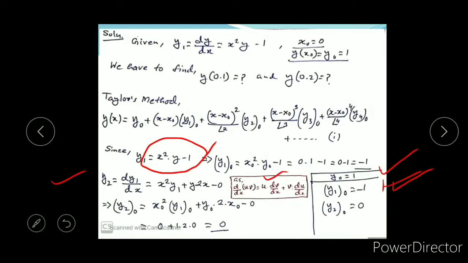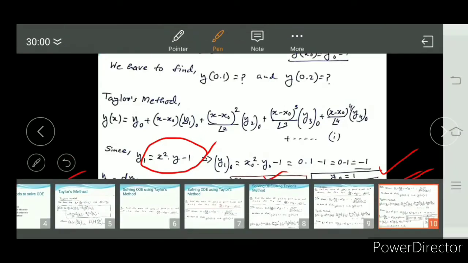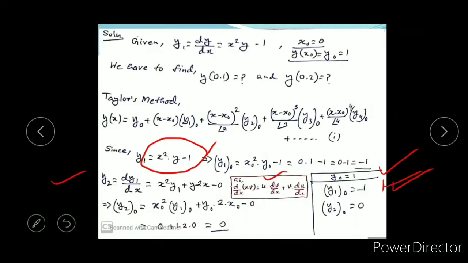Okay, so that means product u into v. So if we differentiate uv, we'll get u into dv/dx plus v into du/dx. That is, first function is u and second function is v.